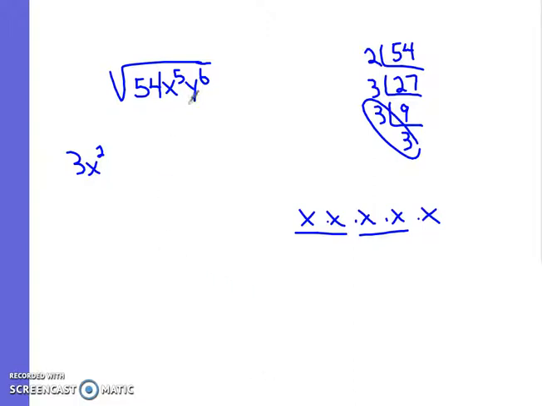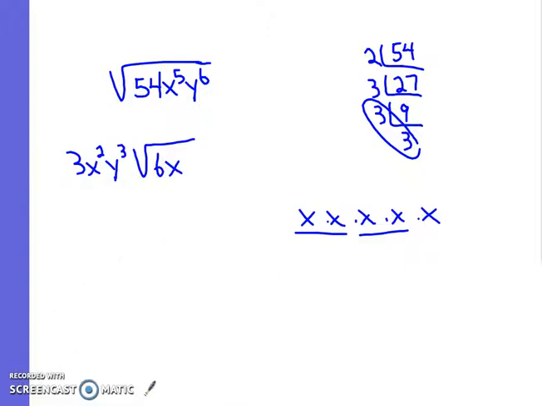And then there's the y to the 6th, that's really going to be just 3 pairs of y's. So that means I'm going to have 3 y's that I take outside. And then on the inside, I still have this 2 and 3 right here. So I'll multiply those together, and get 6. I still have an x left over here, so I'll write that. All the y's came out, and so now I'm done.